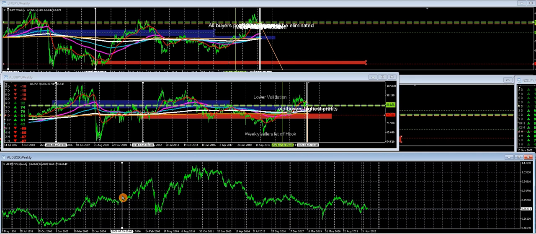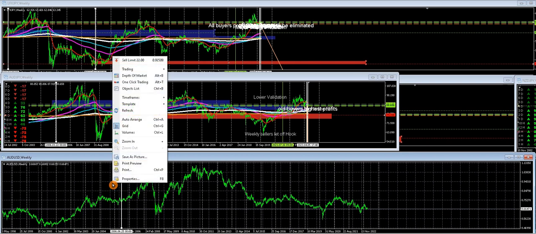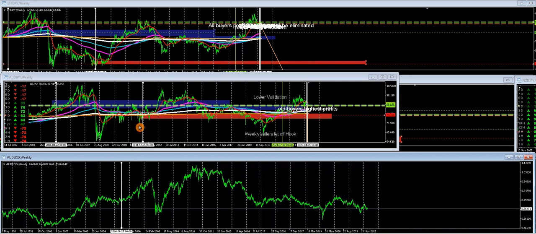It's 05 to 06 here. Right. So Aussie should be slightly down relative to the dollar. Okay, and it is. That's all that is.